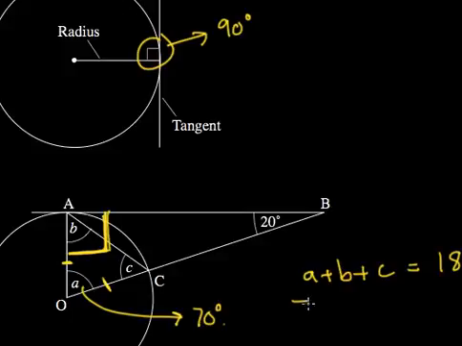And we already said that A was 70 degrees and B is the same as C, so I'm just going to write 2B here, is 180 degrees. And then by subtracting the 70 degrees, that's 110, leaving 2B on this side. So B must be 55 degrees, which shows or implies that C must equal 55 degrees as well.